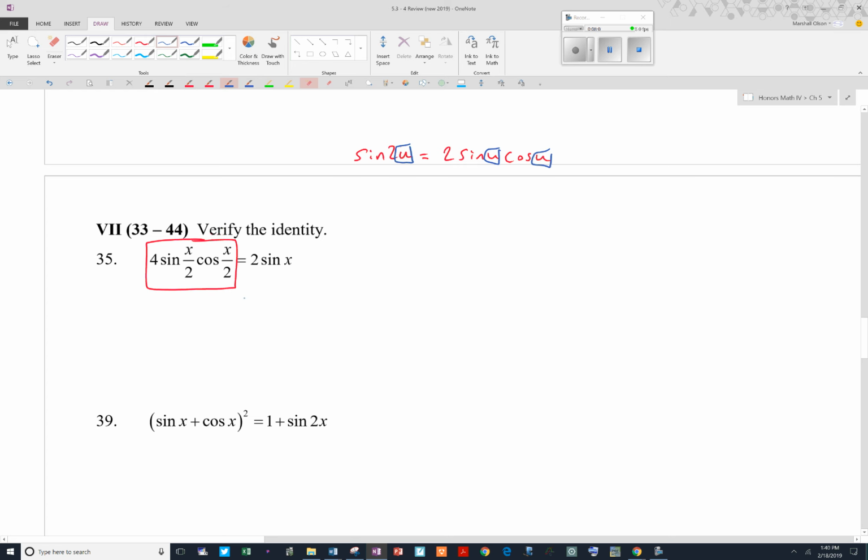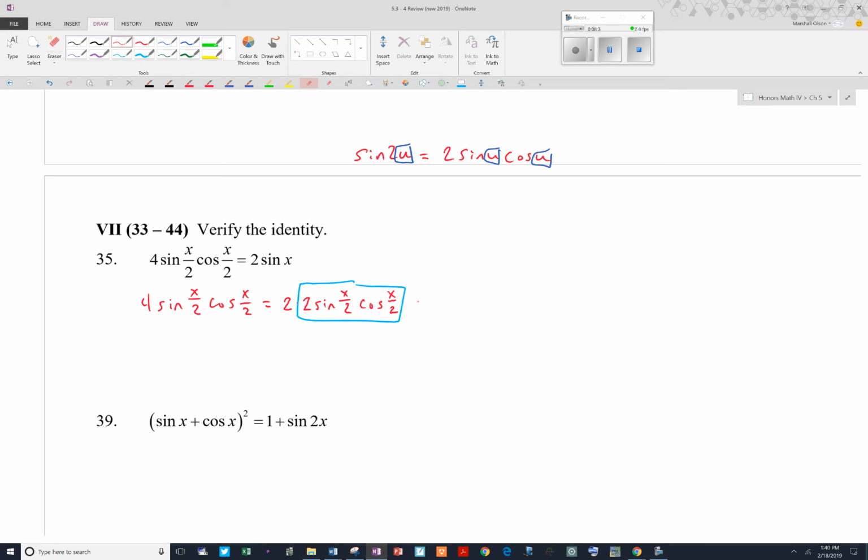Okay, well, if you look at what we have on this side here, let me just start by writing my left-hand side. Look at that pattern. It's not 2 times sine and cosine of the same value, it's 4 times that. So what we can do is change that 4 into 2 times the sine of x over 2 cosine of x over 2. What we have right here is the double angle formula for sine, okay, with our u value being x over 2.